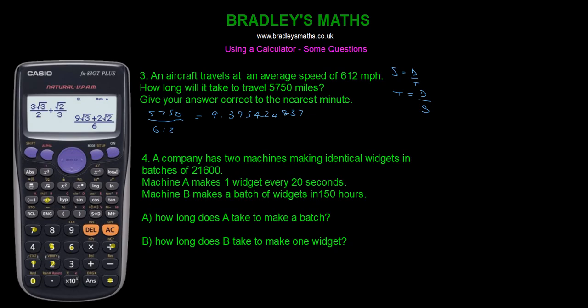And it comes up with 9 hours, so it comes up like this: 9:23:43.5. This is 9 hours, 23 minutes, 43.5 seconds. We have to give this correct to the nearest minute.